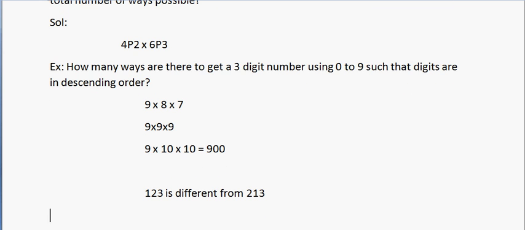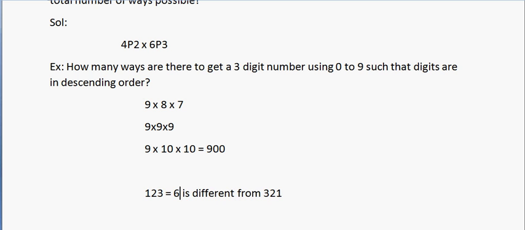Now it says that we have to do it in descending order, which means if we select 1 2 3, it should be arranged in this form, 321. Out of 1 2 3, they can be arranged in how many ways? In 3 factorial ways, 6 ways.